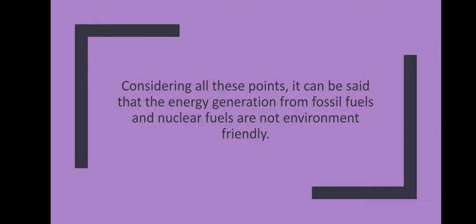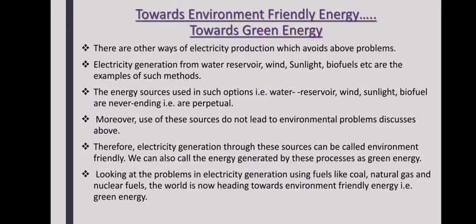So we will be shifting to different sources of energy, towards environment friendly energy, that is towards green energy. There are other ways of electricity production which avoid the above problems. Electricity generation from water reservoir, wind, sunlight, biofuels, etc. are the examples of such methods.